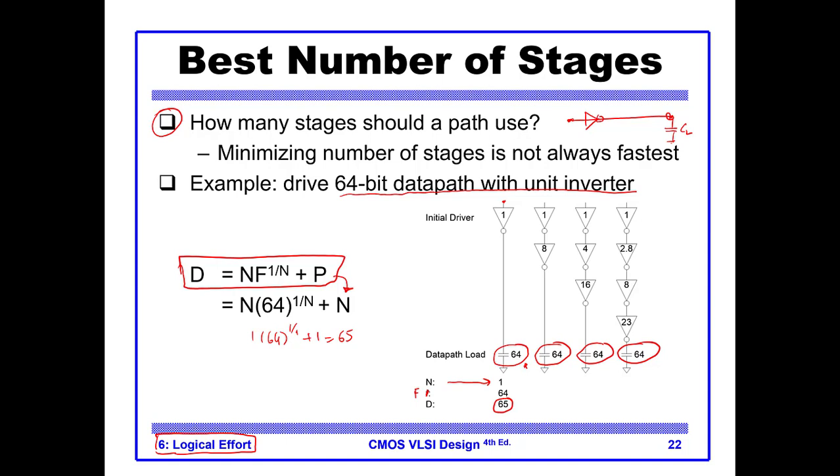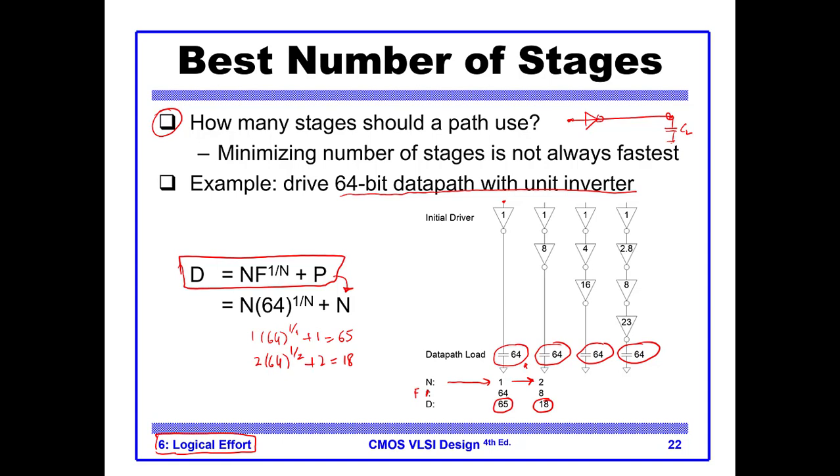Now if we increase the number of inverters from 1 to 2, and we use again the same formula, so 2 into 64 raised to the power 1 by 2, plus 2. Interestingly, now the delay goes down. The delay is now 18.